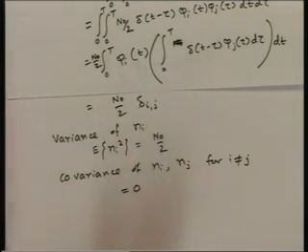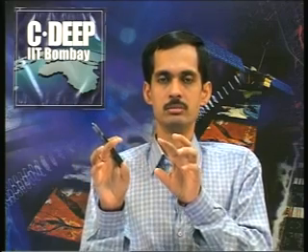If you have two Gaussian random variables and they are uncorrelated, then we also know that they are independent, because we know the joint distribution of two Gaussian random variables. There is some correlation coefficient which comes in the distribution. If we make that 0, we can see that the whole joint probability density can be broken into two parts, a product of two different densities: the density of N_i times the density of N_j.